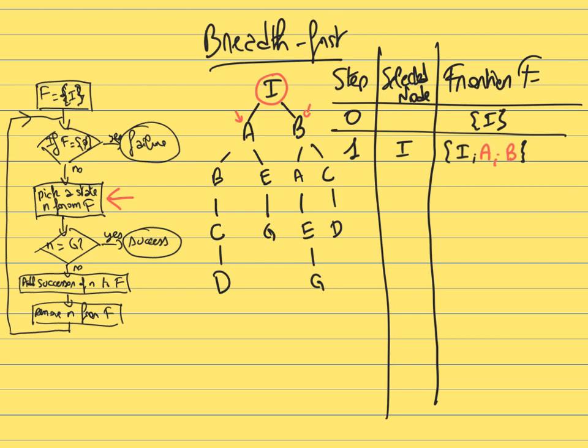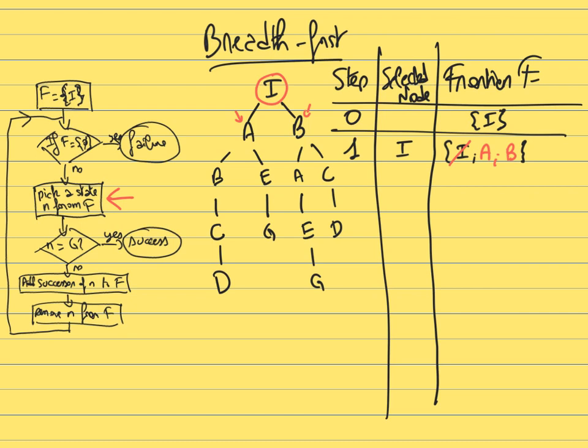Since you just visited the state I, you will remove I from the frontier. So now your frontier is just made of state A and state B. State I has been removed.